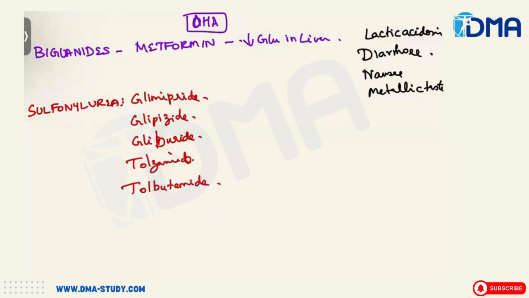So how do these drugs act? They act at the level of the pancreas to increase the insulin. The problem with these sulfonylurea drugs is that they cause hypoglycemia.